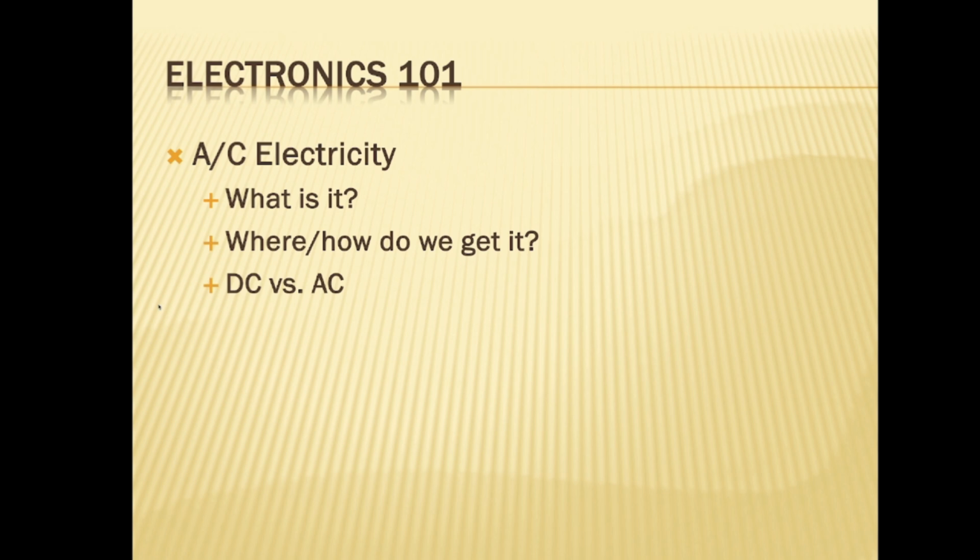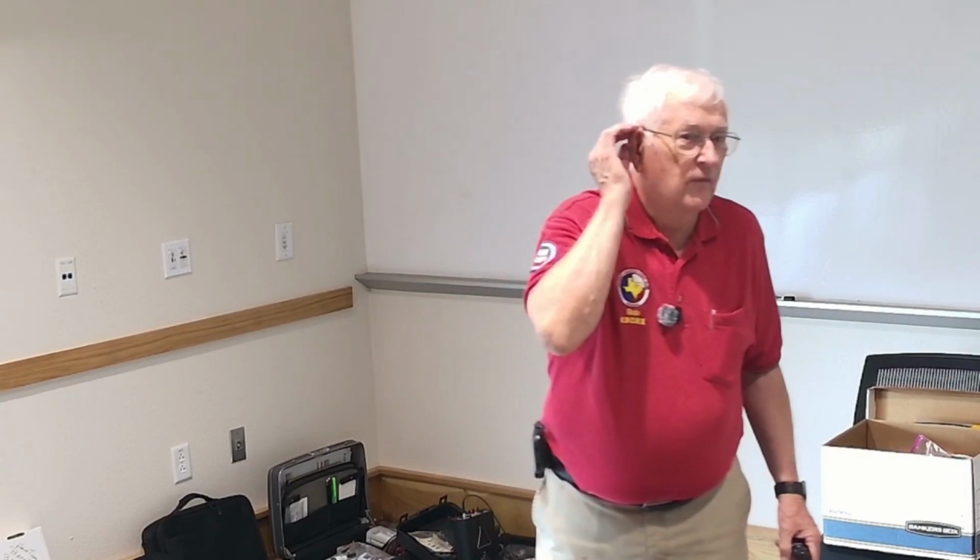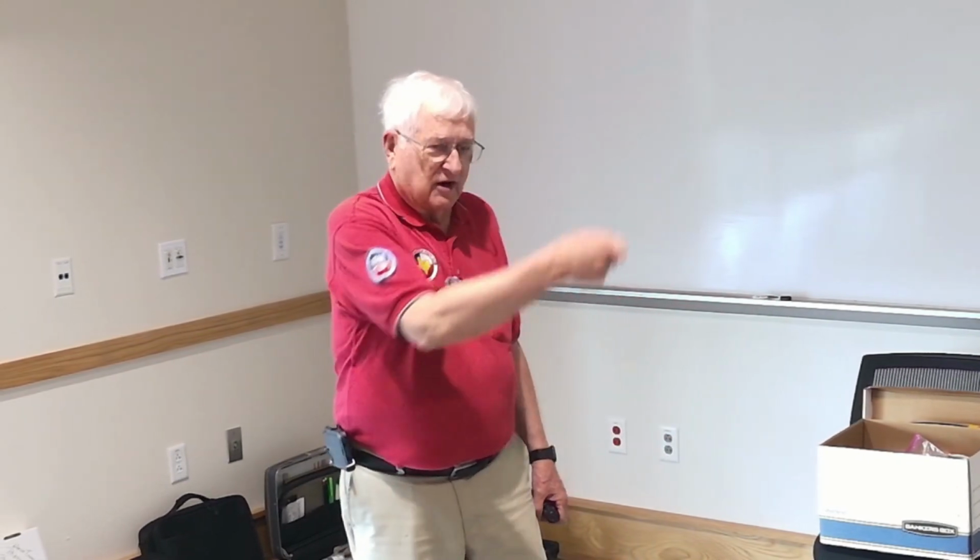Why do we need AC? Why can't we just do everything with DC? It's more efficient in many ways for what we do. For example, the power when we plug into our so-called 110 volt outlet on the wall is AC. Where do we get that AC from? It comes from a generator somewhere.